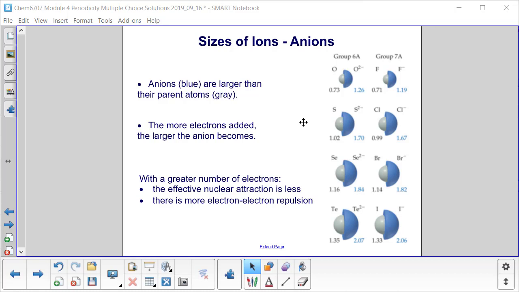The more electrons are added, the larger the anion becomes. With a greater number of electrons, the effective nuclear attraction is less, and there is more electron-electron repulsion. So the electrons in the outer shell are repelling each other more, causing the radius to increase.